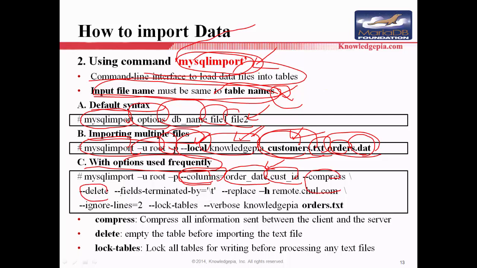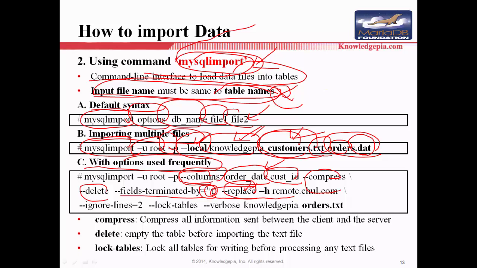Delete also. Fields terminated by \t means tab: between columns in the database file, the data is terminated only by tab. Replace, I already told you about replace, like ignore.